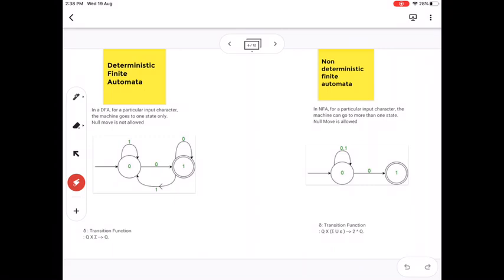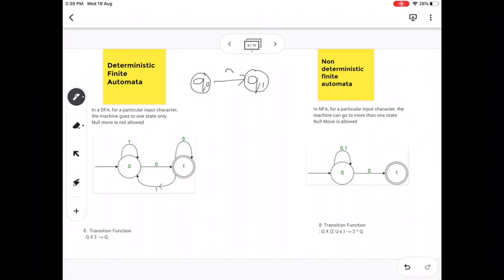So in this example, see here, at the first state, with 0 input, I remain in the same state, as well as I go into this state. Okay. So if I want to show it simply with one transition graph for deterministic finite automata, Q0 with input A will go only to Q1.